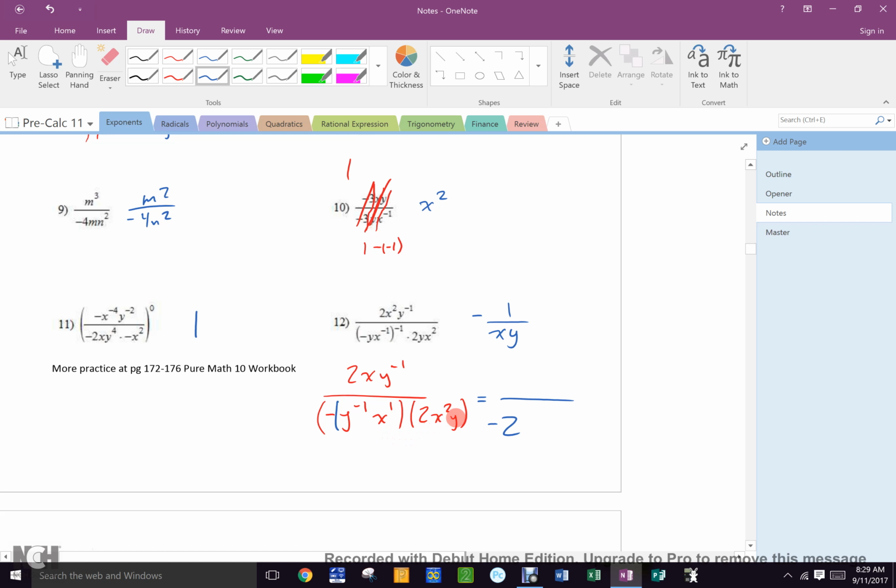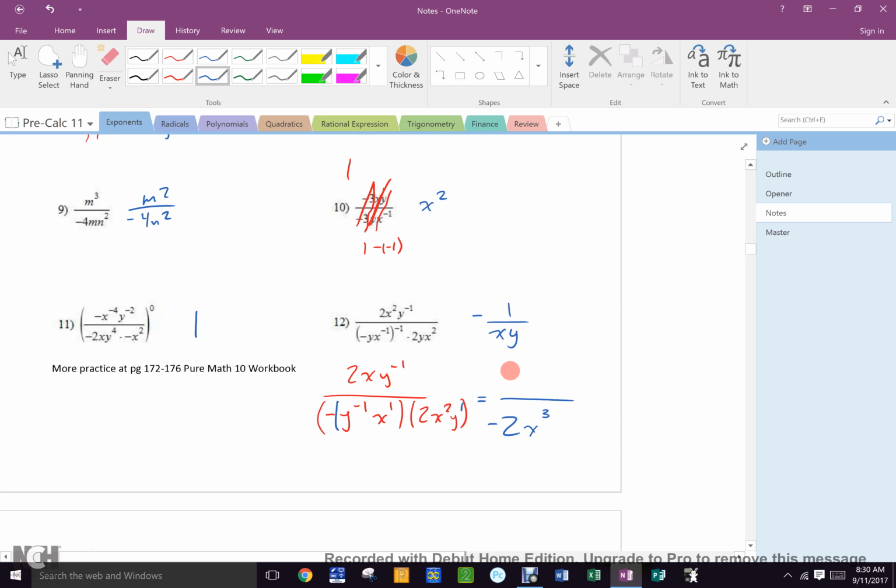And negative 1 plus 1. Because this should have an exponent of 1, right? What's negative 1 plus 1? 0. So do we need y on the bottom? No. And what's 1 plus 2? X cubed, right? That's the bottom.